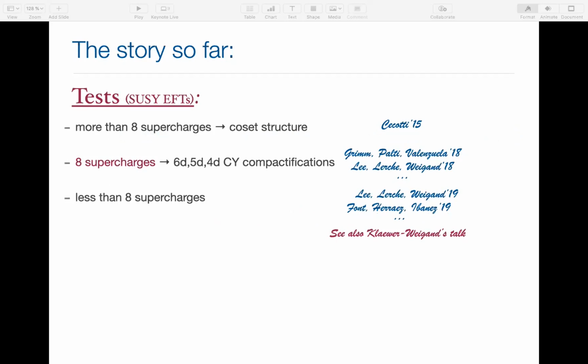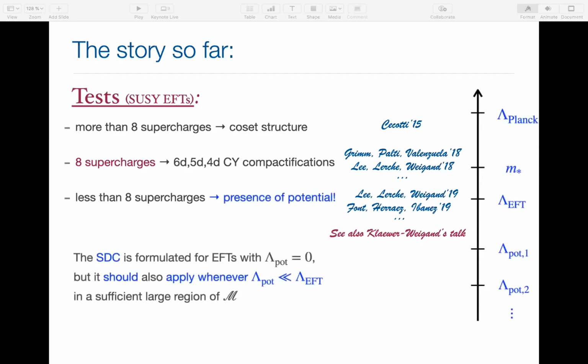Things become more complicated as you lower the supersymmetries, as we are very well used to. But there is so far a pretty good amount of technology that tells us how to deal with this problem, how to look at things, and how to get a good idea of where the tower of states is going to come from and what is going to happen. In this talk, the thing that I will have in mind is theories with 4 supercharges in 4 dimensions.